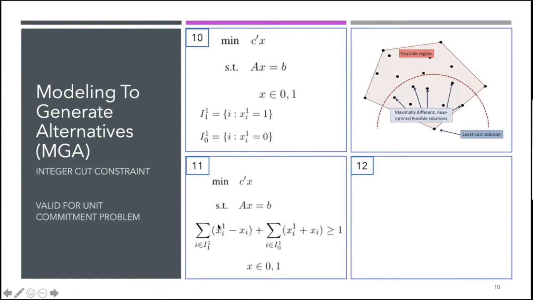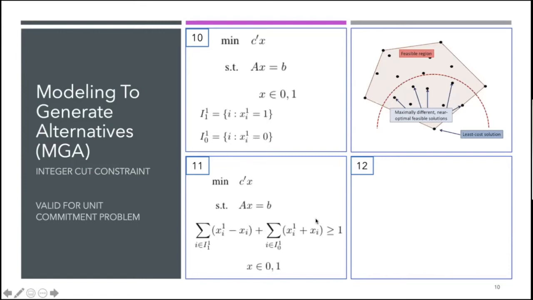What this constraint is doing is telling us to find at least one xi that previously had value 1, and we are trying to push at least one xi away from that solution. So with this xi1 minus xi for this set, and we are summing it over, it means that we want at least one xi that previously took value 1 to now take a value 0.